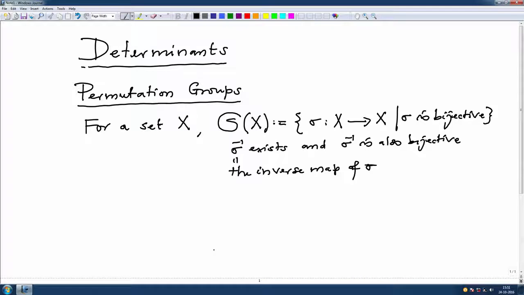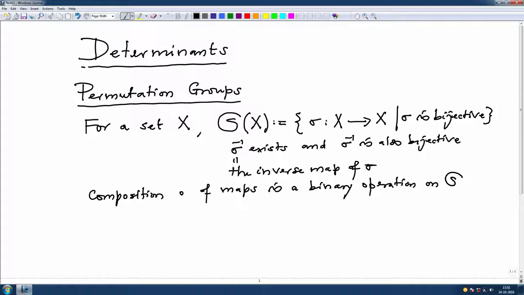Therefore, this set S_X is closed under inverses. Also, it has a natural binary operation of composition of maps, which is a binary operation on S_X, and as we have seen several times, composition is such a natural operation that it is associative.